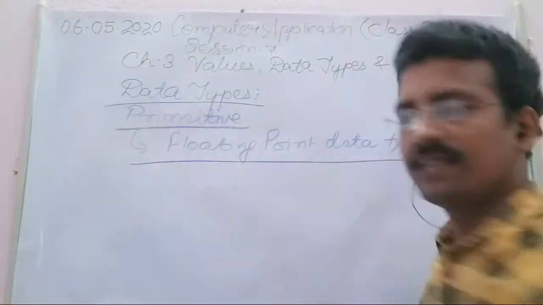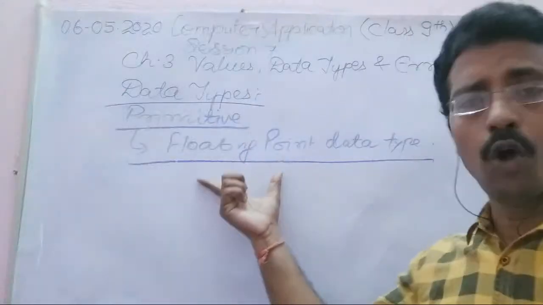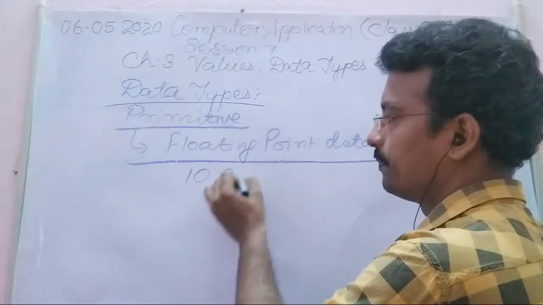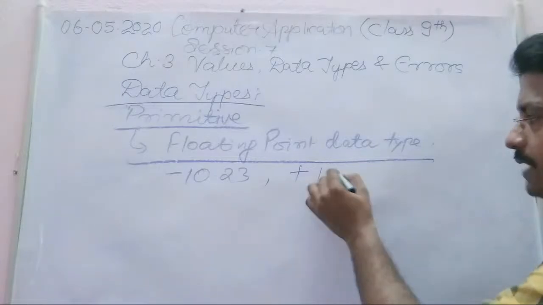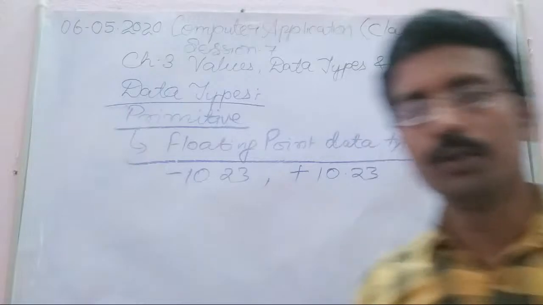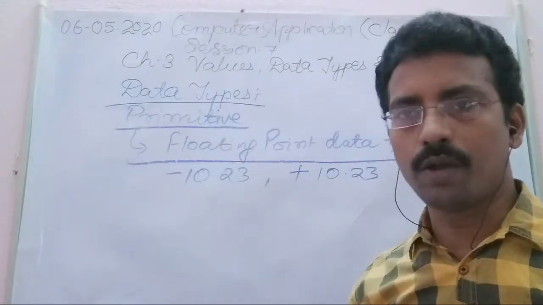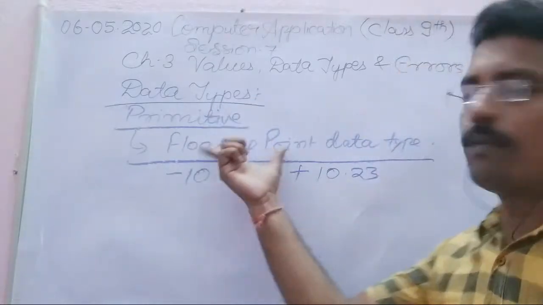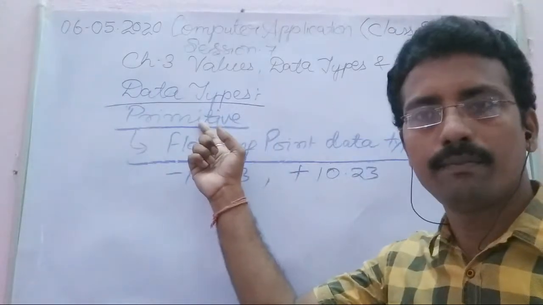Floating point primitive data type includes all the values, all the data which can be represented in the form of fractions. Got it? In the form of fractions, as this or this. How we use it and what their types are will be seen in later topics. So how many types of data types are available under floating point primitive data type?